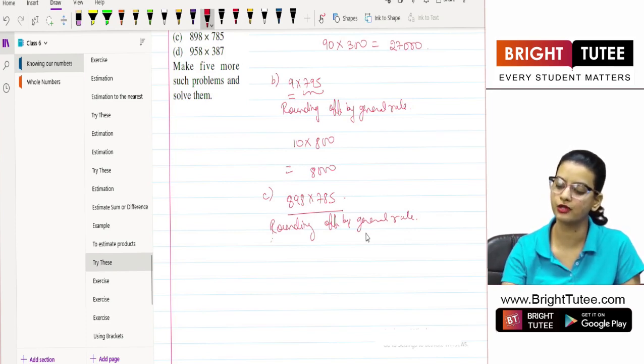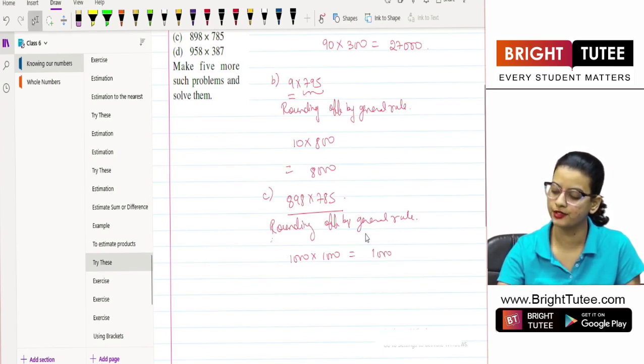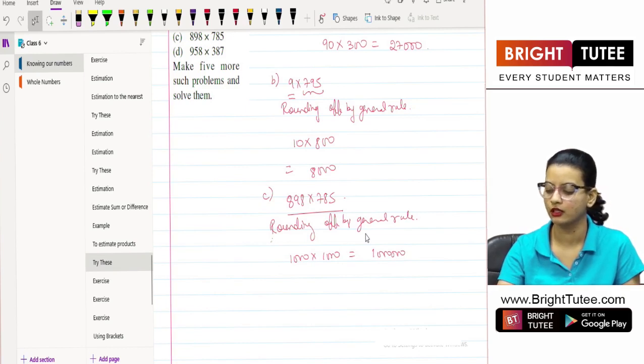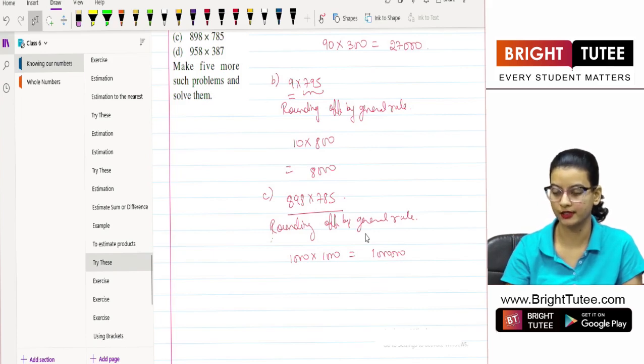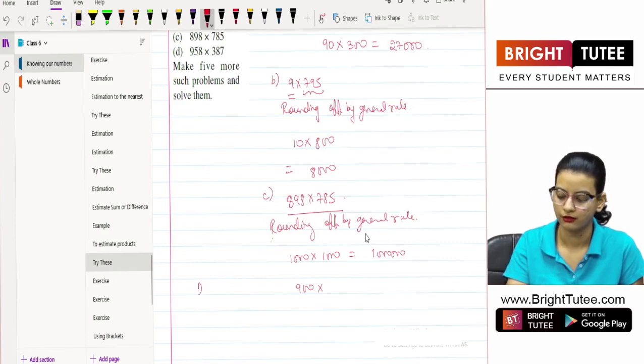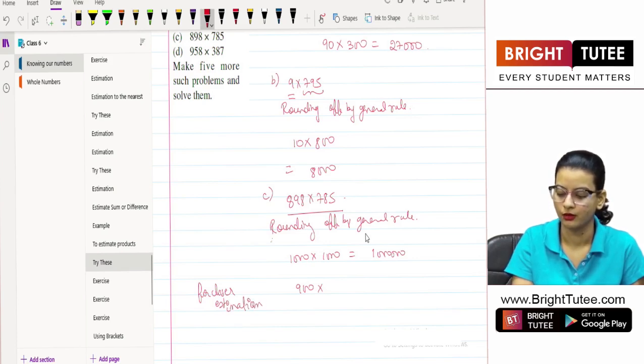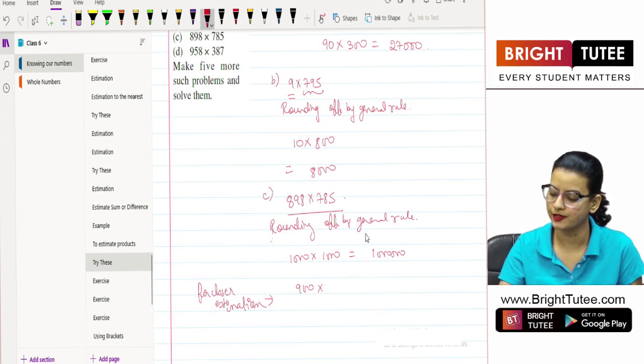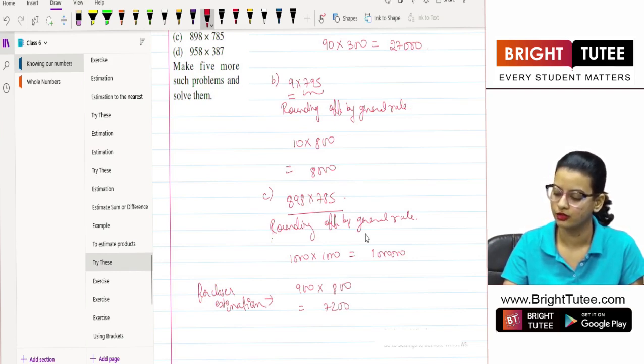So, if I round this off to 1000, we will simply get 1000 into 1000, that is 1,000,000. But if we round this off to 100 to get a closer estimation, then we will get 900 into 800. 9 into 8 is 72 and then 0, 0, 0, 0.